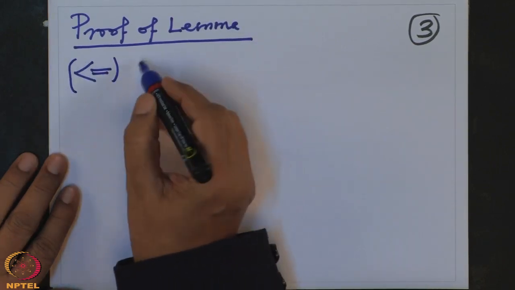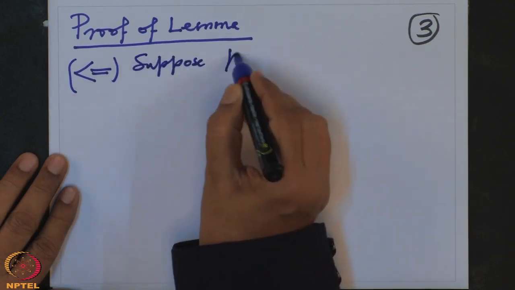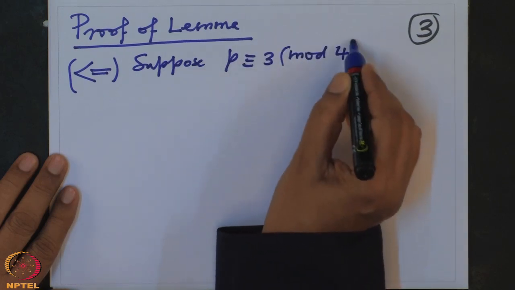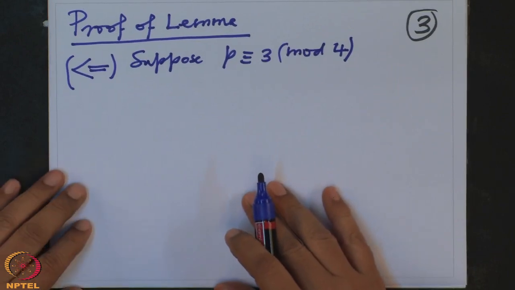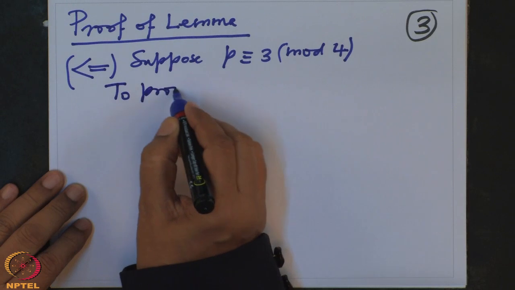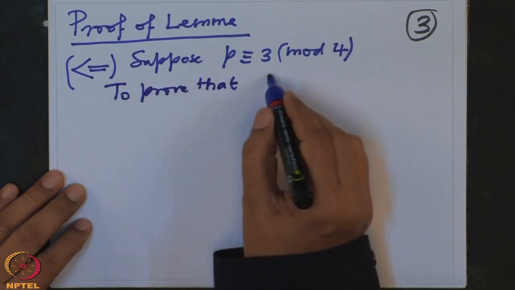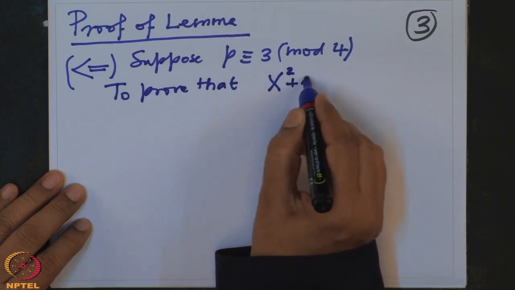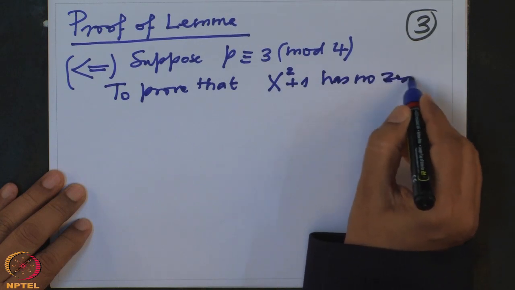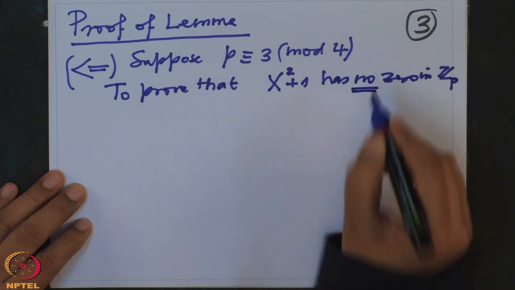That means we will suppose p is congruent to 3 mod 4, and we want to check that the polynomial x square plus 1 has no zero in Z mod p.